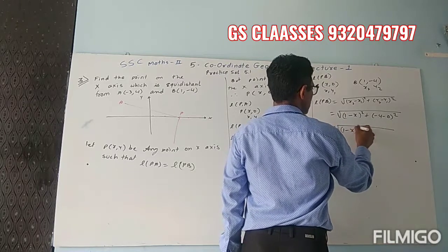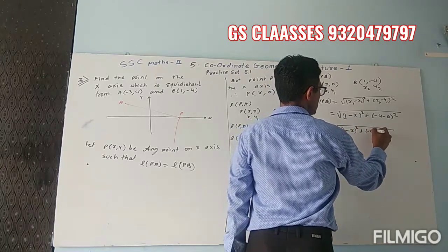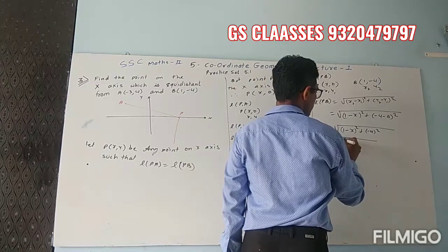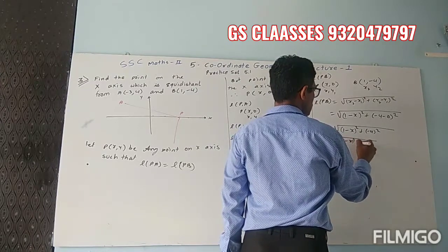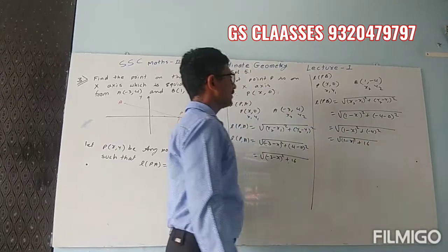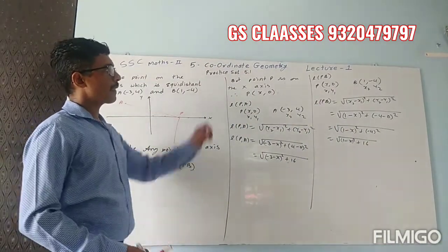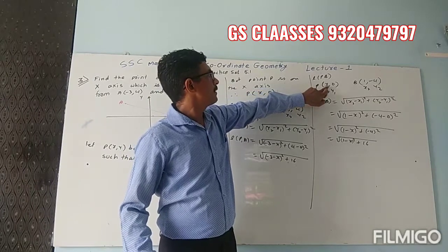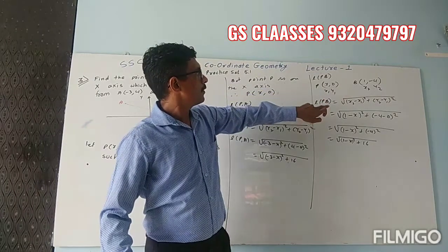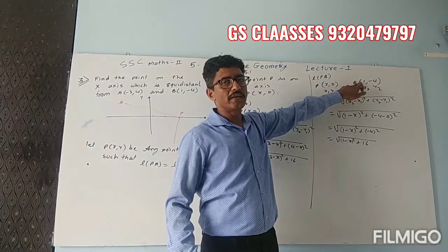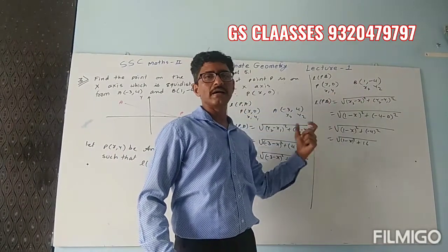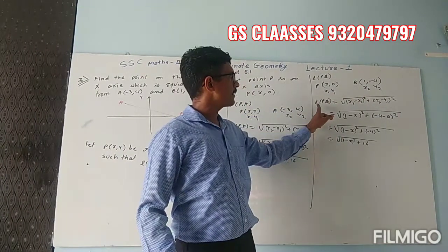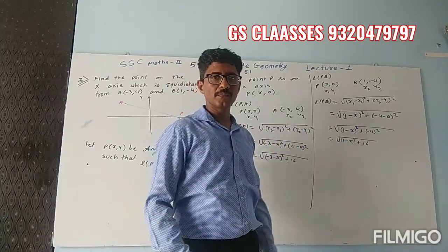That is 1 minus x the whole square plus minus 4 square, 1 minus x square plus 16. Now children, here x1 value was x and x2 value was 1. So we substituted all the values and we calculated length PB as well.